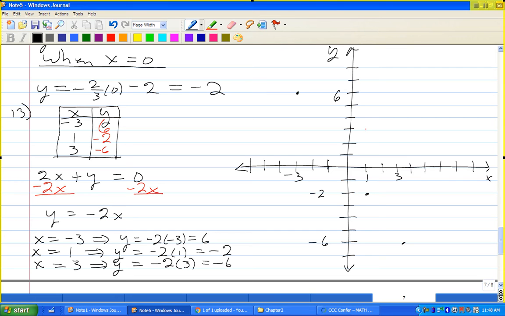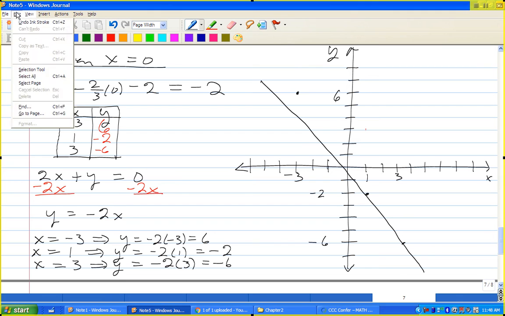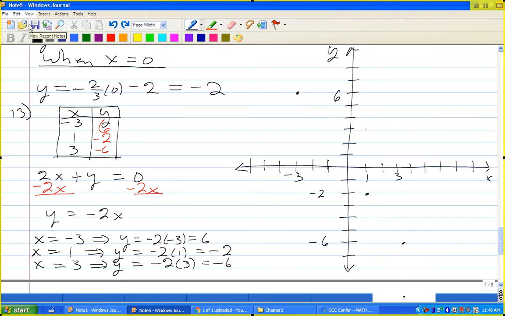Let's see if I can sketch the graph. Okay. Let's try that again. Okay, let's try this again. See if I can do it.